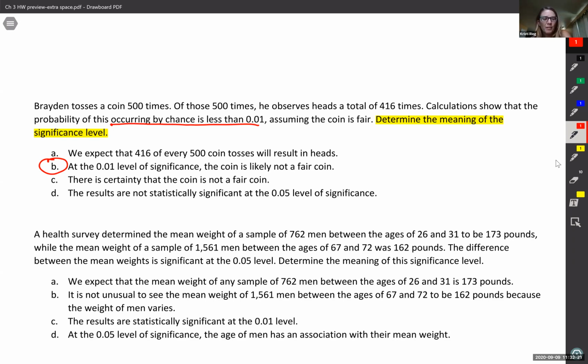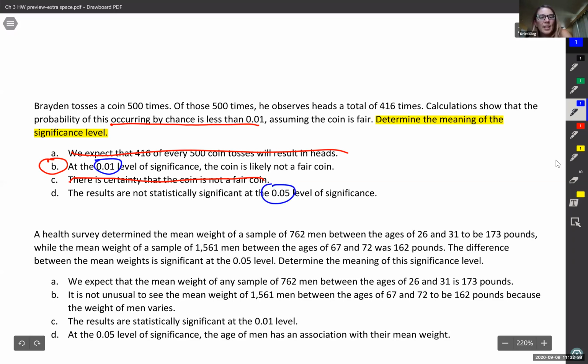But this kind of answer is not what we're looking for in these problems. We're looking for that statistical significance. And so really all we're comparing is the 0.01 to the 0.05. And since they gave us 0.01, we have to go with 0.01 in the answer. I know it's a lot of words, but I'm trying to help you wade through it and look at what's important.